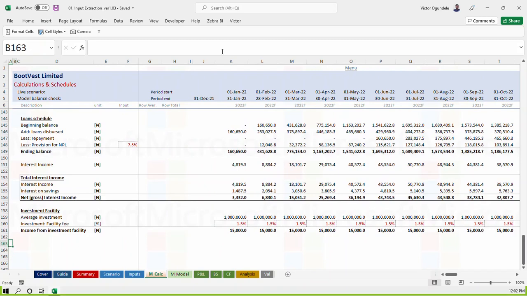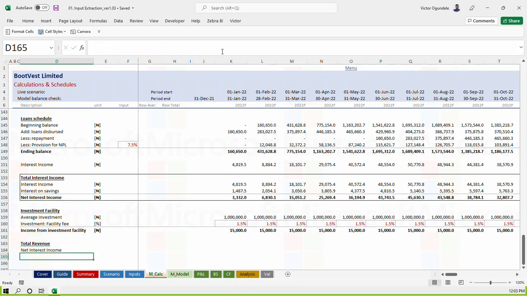To get our total revenue, it will be our net or gross interest income. Let's work with net interest for this one.